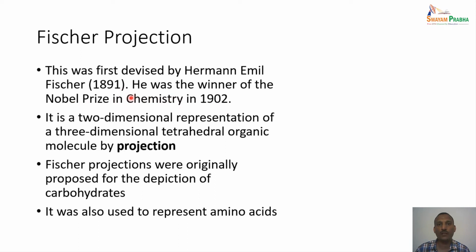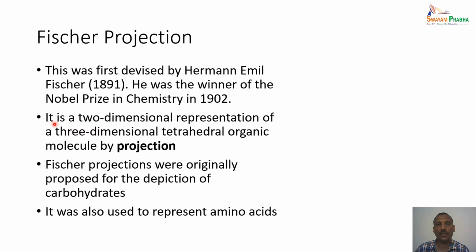He had worked extensively on carbohydrates, the structural elucidation of glucose and many monosaccharides. In this particular case, he wanted to represent the molecules stereochemically. That means for each stereoisomer of a monosaccharide, he wanted to give some notation.